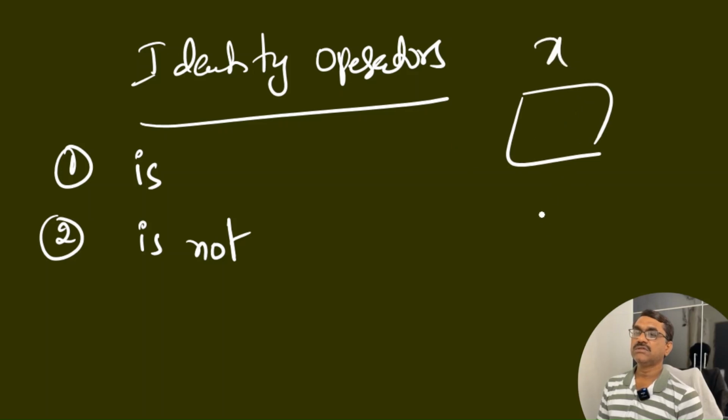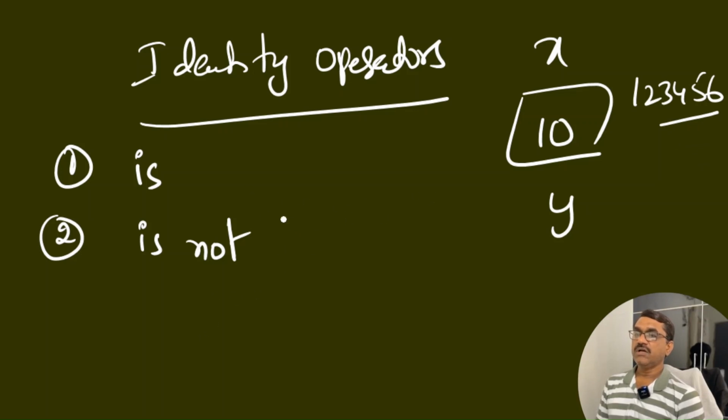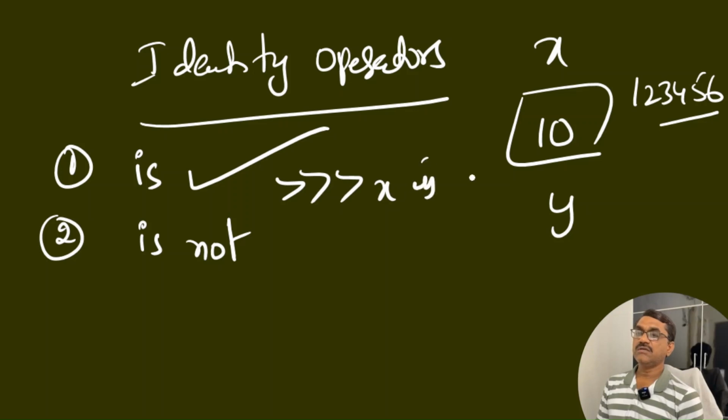In the previous example, I said that both x and y are pointing to the same value 10, and here the ID is like this. What happens if I apply the is operator at the Python shell, if I say x is y?